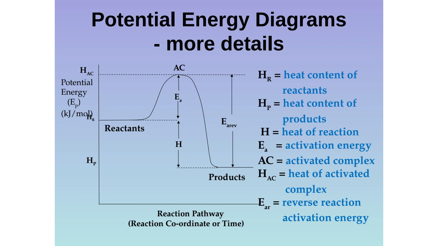So here's a little summary of the information that we can get off of these potential energy diagrams. So just looking at this one here, we can tell that this is an exothermic reaction. And I can tell that because my reactants are at a higher potential energy than my products. So they'll need some type of activation energy, obviously, to get going, but they don't need as much as an endothermic reaction does.